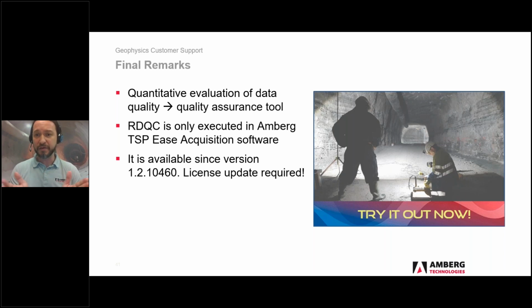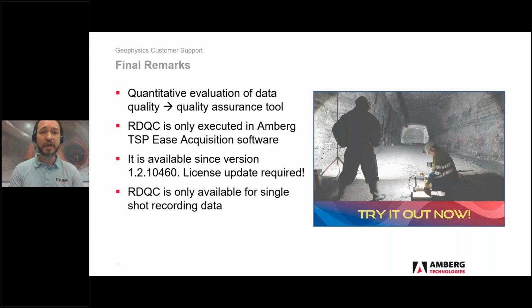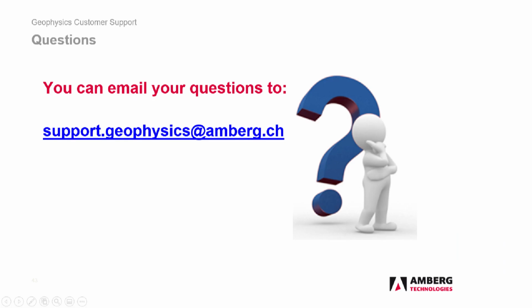In case you haven't done it, contact your local dealer or contact us directly to update your license. At the moment, the raw data quality check is only available for data recorded by the single shot recording procedure.